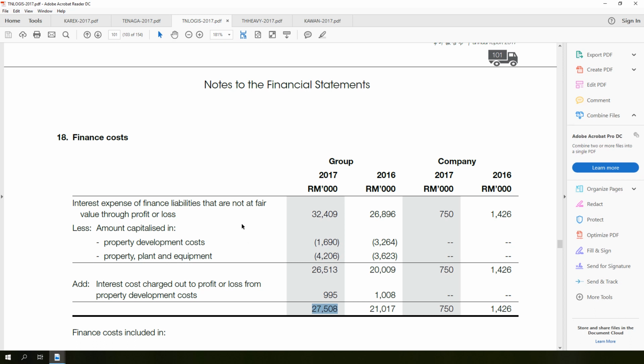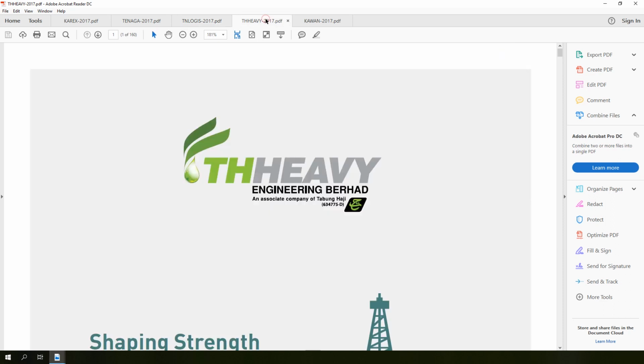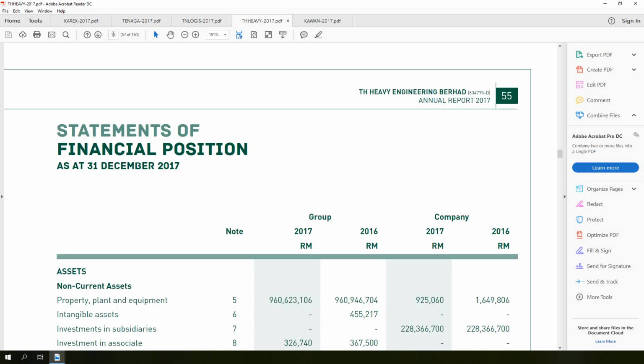Another example is THHEAVY Engineering. Let's go to the balance sheet. Search for property, plant and equipment. Go to footnote 5.